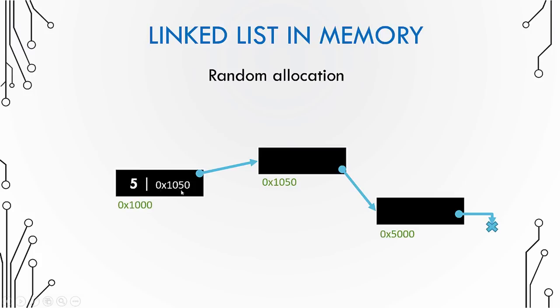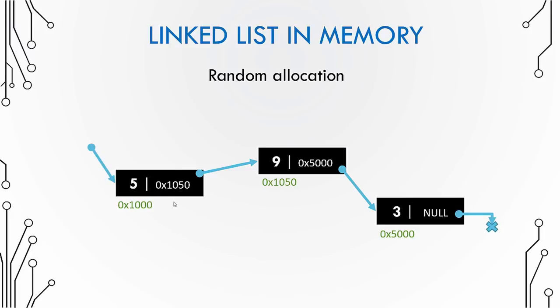The same is the case with the second node, where the data part contains 9 and the link part contains the address of the next node. And the last node stores the number 3, and since this is the last node, it wouldn't point to any other node. That is why it points to null.